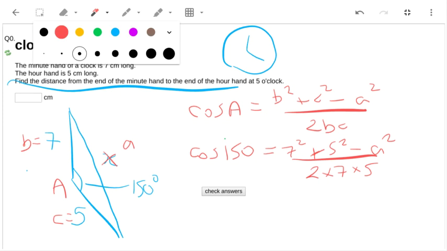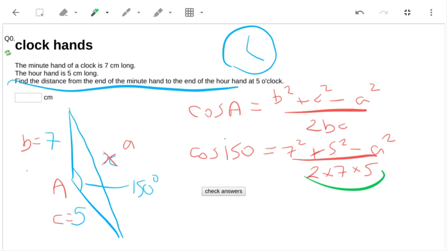Now I've got to solve this. I've only got one unknown, but I need to move some things around. I'm going to move the 2 times 7 times 5 onto the other side and therefore onto the top.